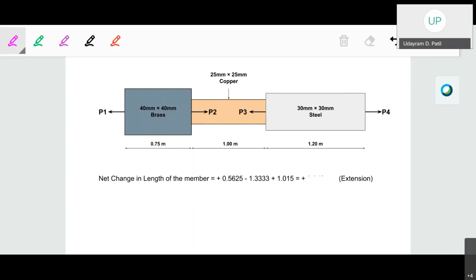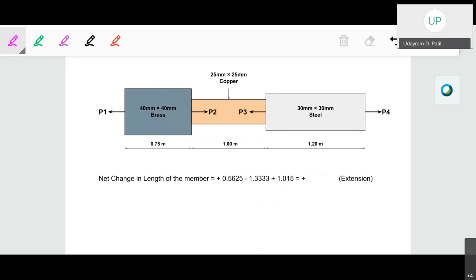Next, the contraction of the second member, that is BC. Contraction will be represented in minus, so minus 1.333. And the last section is again elongated, therefore plus 1.015.